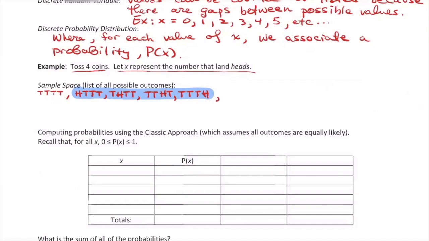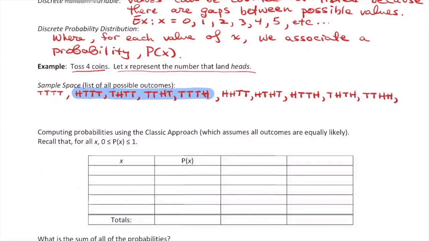You could get 2 heads, so you could get HHTT, or head, tail, head, tail, or head, tail, tail, head, or tail, head, tail, head, and all the different ways you can get 2 heads. Or tail, tail, head, head.